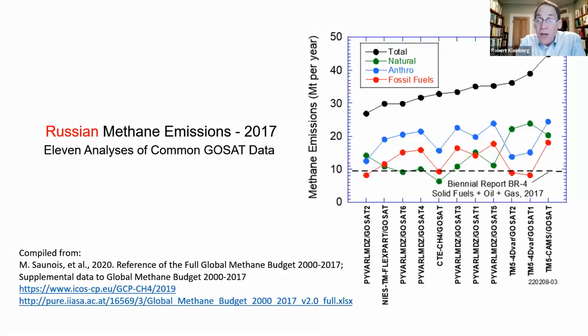And then if you want to segment that into anthropogenic in blue, natural in green, or fossil fuel part of anthropogenic in red, you can see that you really have fairly large changes in these estimates. And that's because you're using different priors.